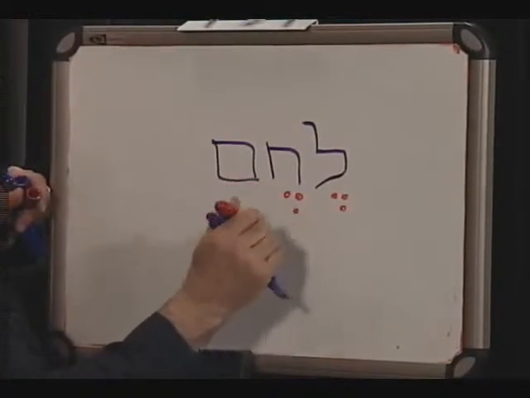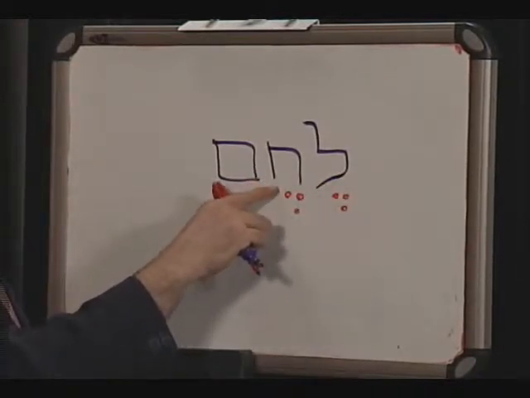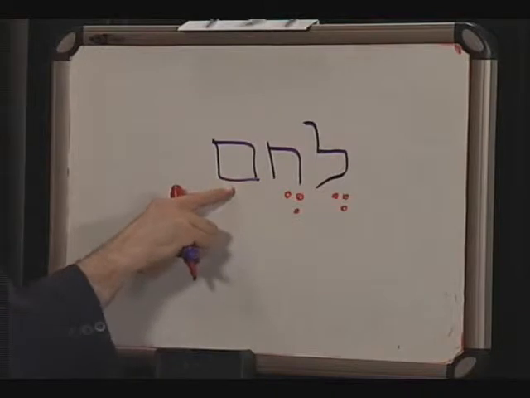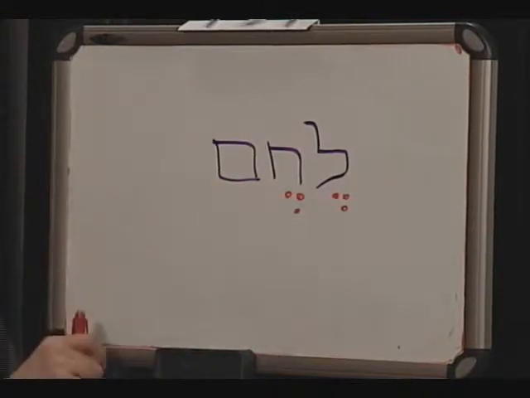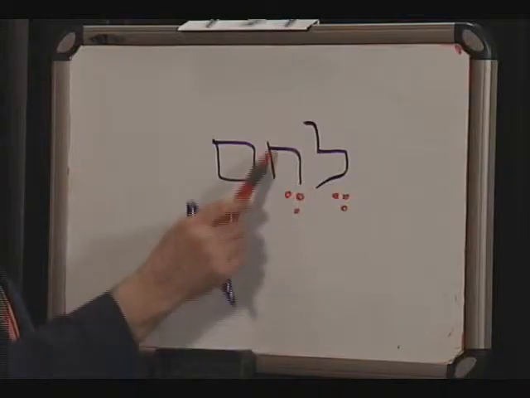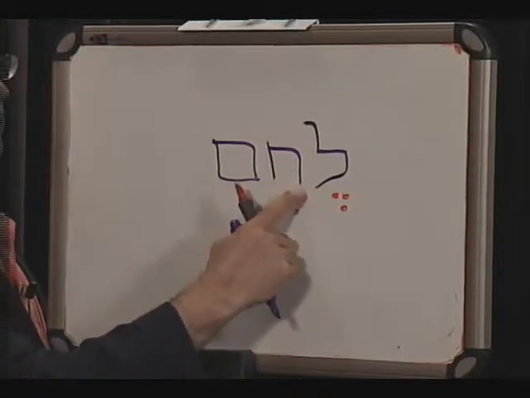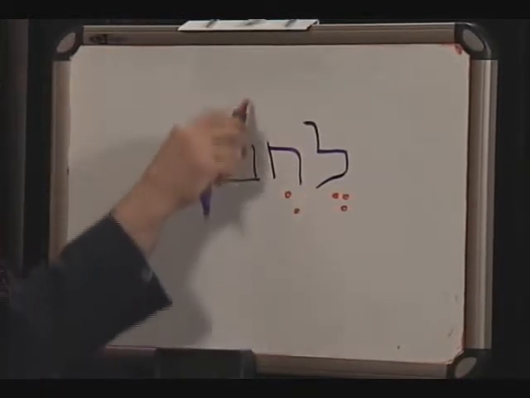First, the name of the letters: Lamed, Chet, and Mem Sofit. So your first syllable would be, Lech. You said lech. That would be true if it had a silent vowel.